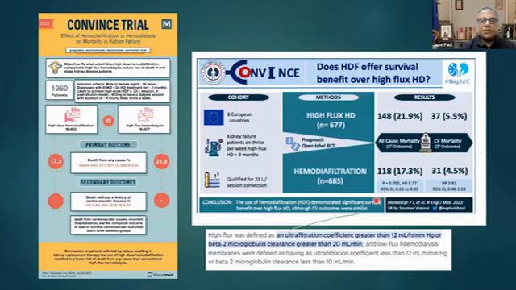The survival benefit was much greater when the patients underwent hemodiafiltration. They underwent around 3 sessions per week, and the target convective clearance was kept at 23 liters per session, which we'll come to later.